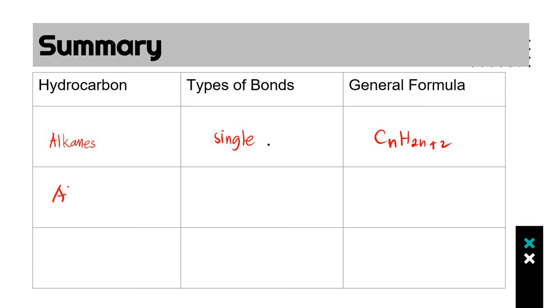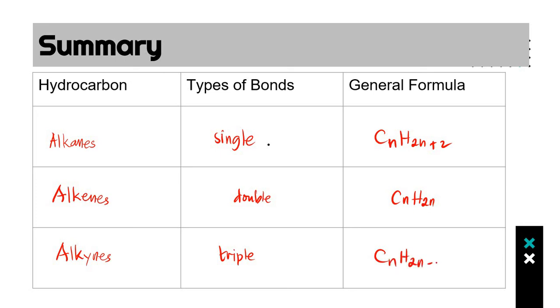For alkenes, double bonds, CnH2n only. And for alkynes, finally, triple bonds, CnH2n minus 2.